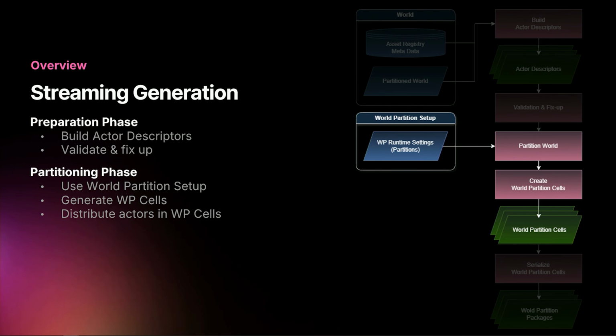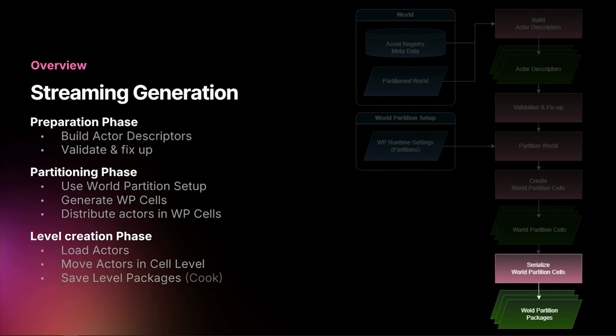It will then create the necessary world partition cells and distribute the actor descriptors in the generated cells. And then a level will be created for each cell. Actors will be loaded and moved into the level. And when cooking, the level package will be saved, and in PIE, the level will be transient and only be created when its cell needs to be loaded.